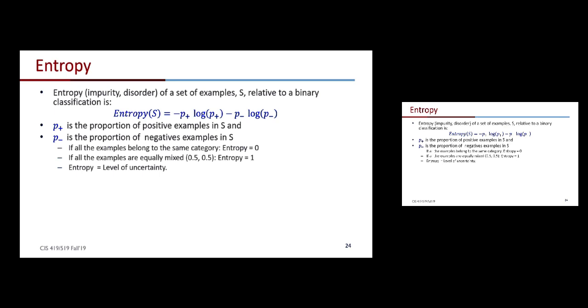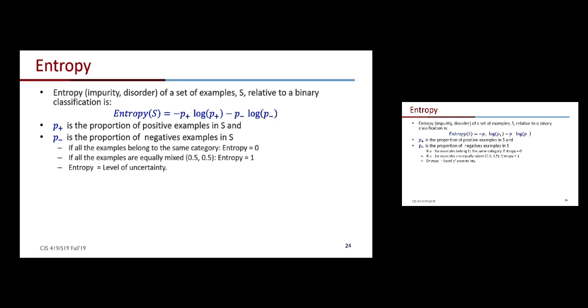The entropy of a set S is the sum of minus P plus log P plus, minus P minus log P minus, where P plus is the proportion of positive examples in S, P minus is the proportion of negative examples in S. So if all the examples belong to the same category, the entropy is 0.